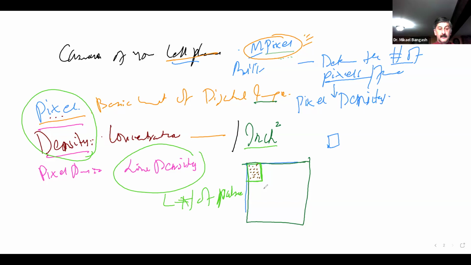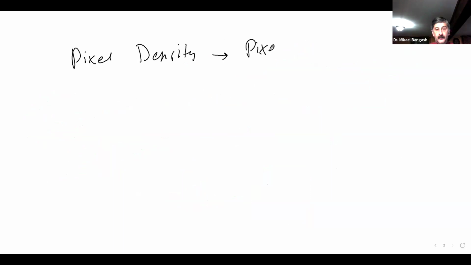Now what we mainly can say then is that, let's take it to another slide, sorry. If we say pixel density, what that will lead to is that we will also relate that to pixel size.